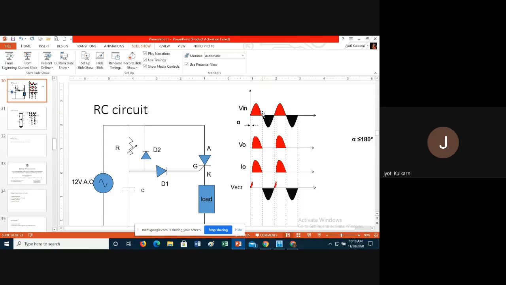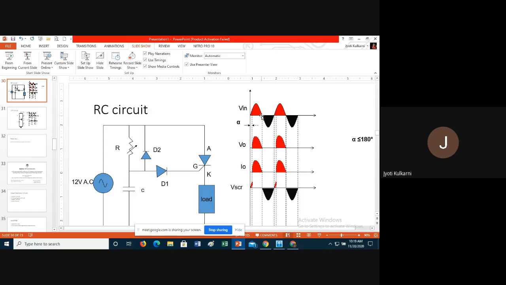Zero current means it is less than the holding current. And what is the condition to commutate or turn off an SCR? The current flowing through the SCR should be less than the holding current. Holding current is a finite value, it may be in milliampere, microampere, whatever, but every finite value is obviously greater than 0 ampere. So if the current through the SCR naturally goes to zero, that zero magnitude is always lesser than any value of the holding current.